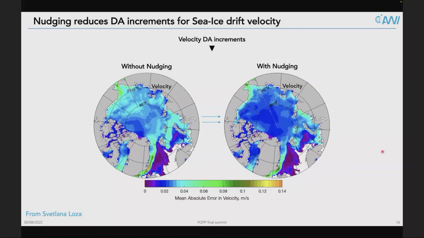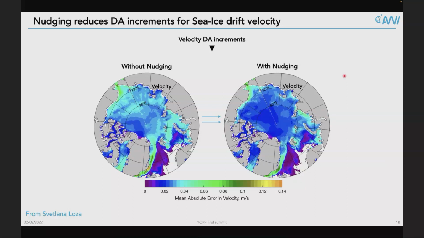And finally, we could see that when spectral nudging is performed, the data assimilation increments are reduced. Here you have this visible for the sea ice drift velocity, without nudging on the left and with nudging on the right. And this reduction of the data assimilation increments is because the nudging is, as expected, bringing the simulated state closer to the observed state.